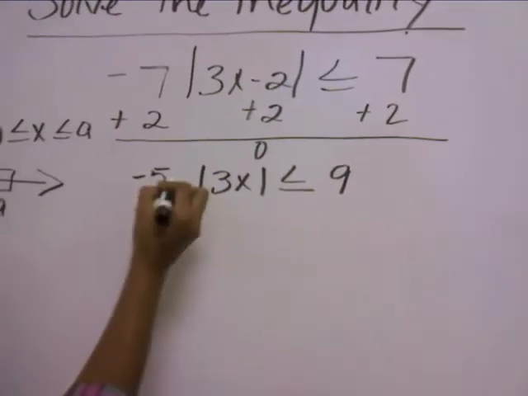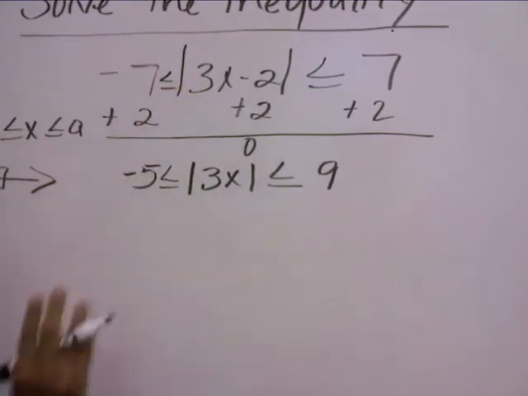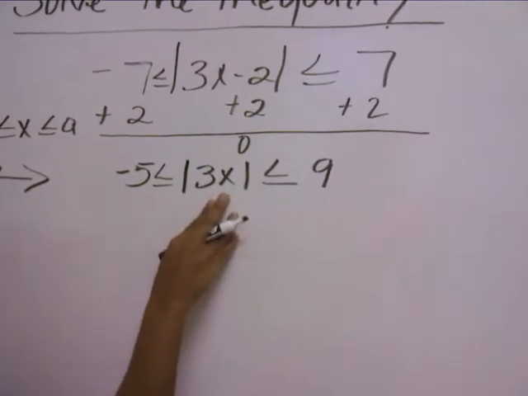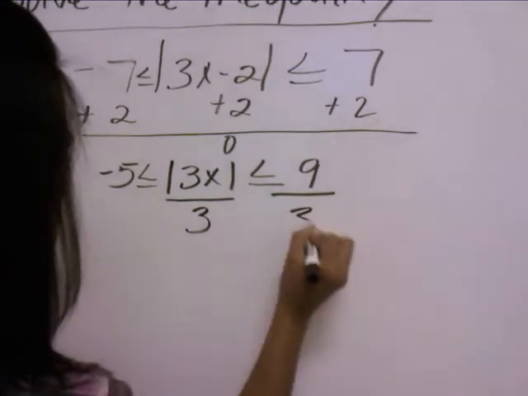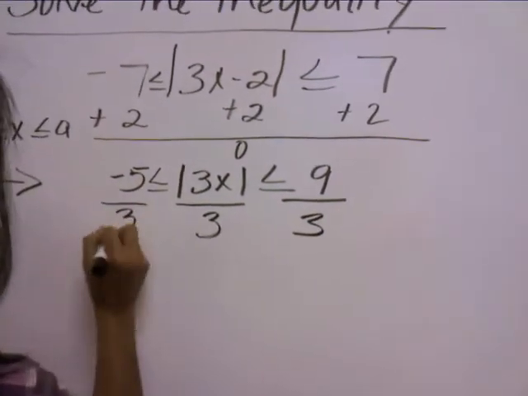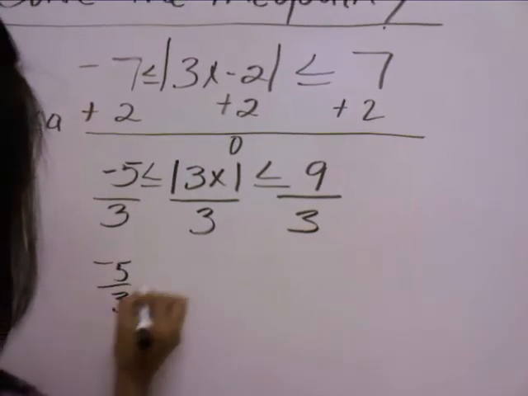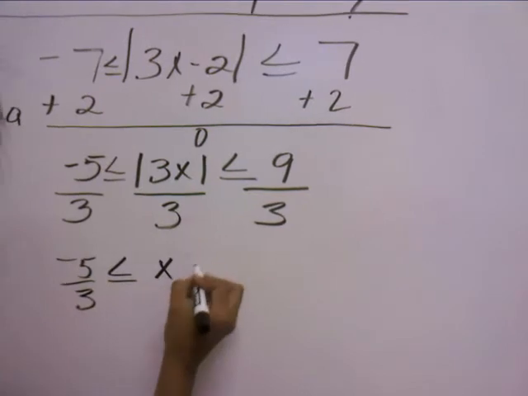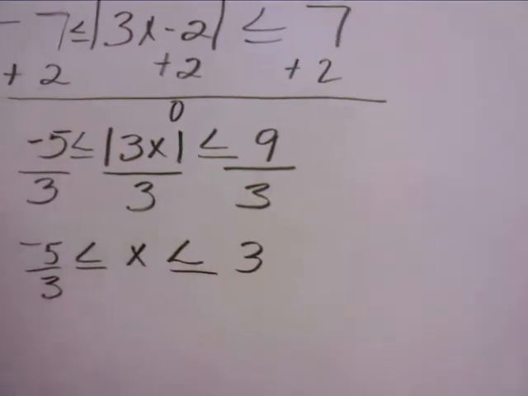You have to keep the less than or equal to sign only. So what we would do now is divide by 3 because we want x isolated. You have to do it to all three parts. So we get negative 5/3 is less than or equal to x, and x is less than or equal to 3.